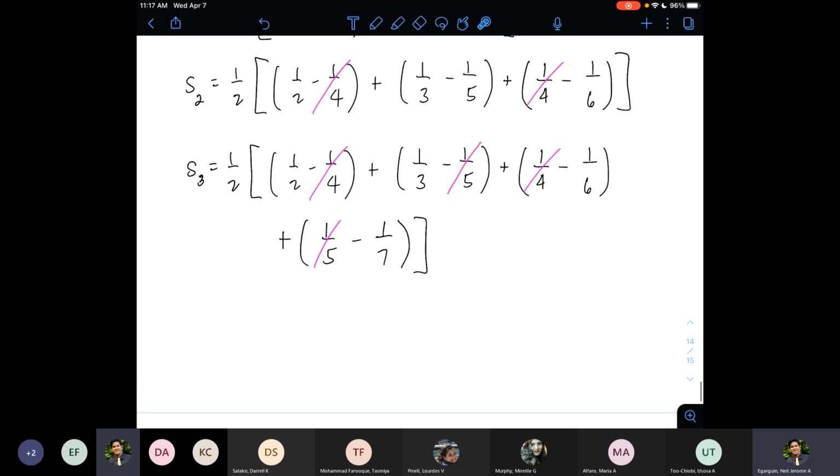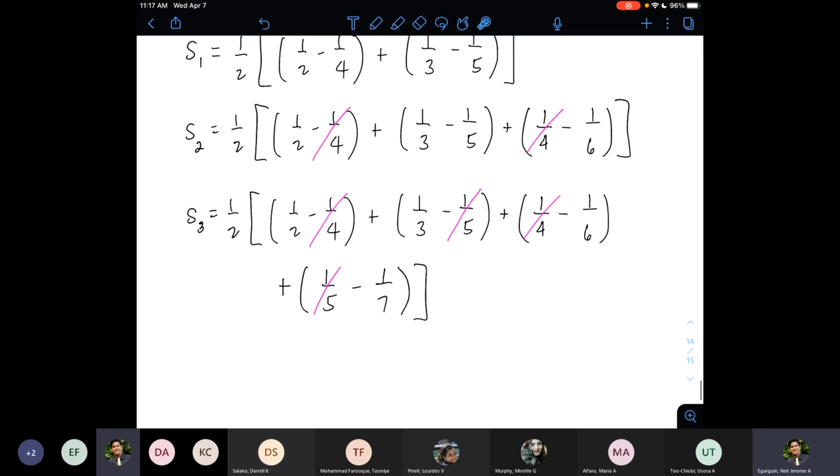But at the tail end of the partial sums, I guess the last two negative fractions will remain, right? Similarly, here we'll have 1/2 plus 1/3 remaining, and then we only have two negative terms lagging in the partial sum, right?